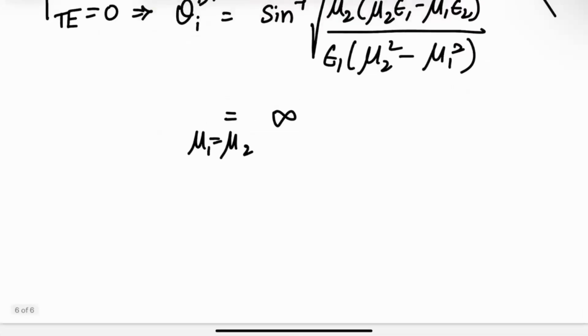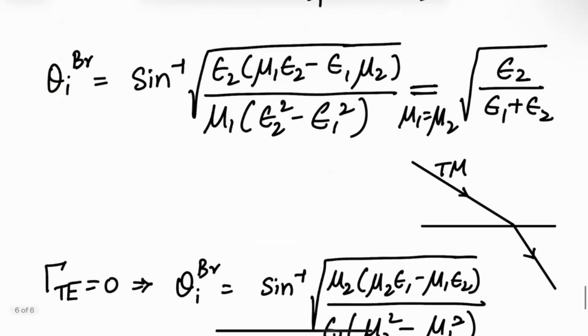Okay, so one way to remember this is that if I have TM polarization, that means my electric field is, let's say, oscillating back and forth like this. So when it comes in and excites this other medium, I'm exciting dipoles in this direction. Because the dipoles are in this direction, their radiation has a null.